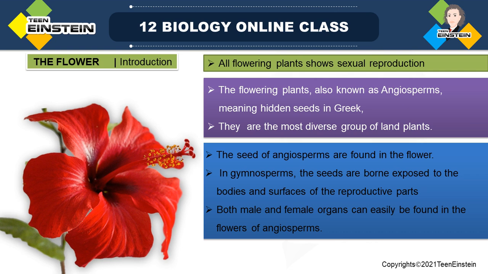In this chapter, we are going to learn about the flower and its structure. We have already learned about the different steps of sexual reproduction, so in this chapter we are going to learn those steps in flowering plants, that means about pre-fertilization.